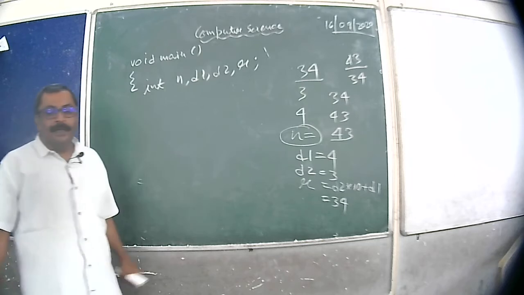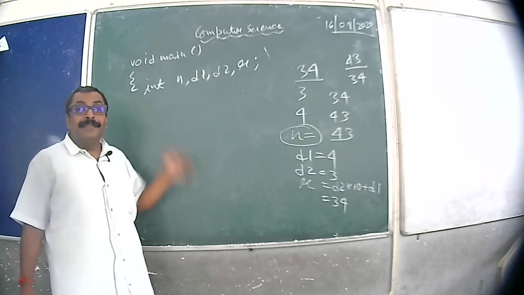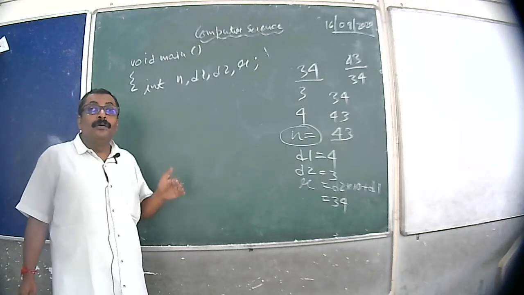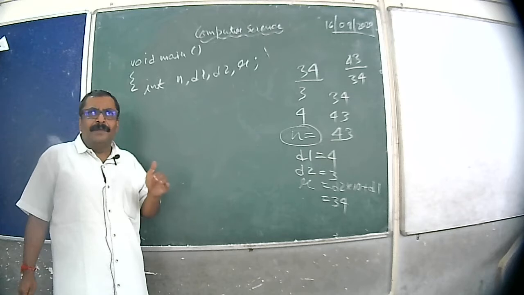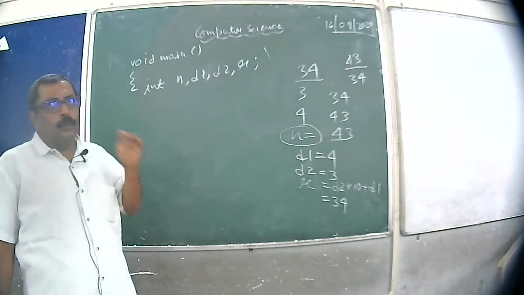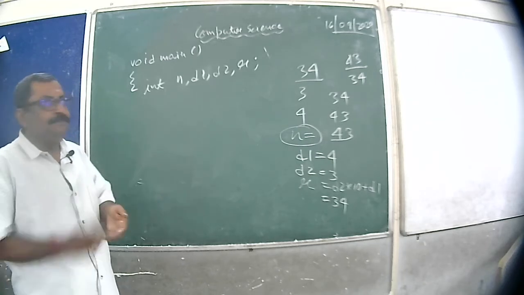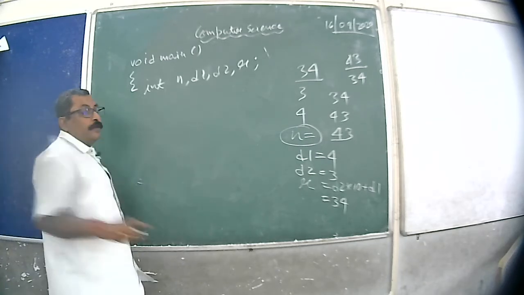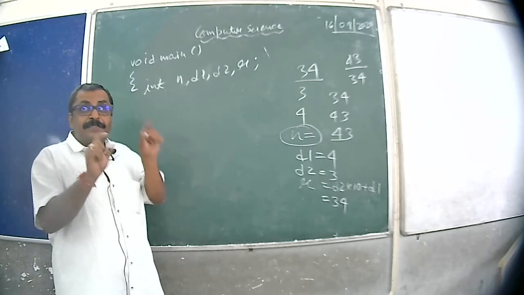Declaration part is over. Now, the question is whether we accept the number from the user or go for a fixed number. Because we have to become familiar with the scanf statement, assume that the user enters any 2-digit number. So, a second thing is required for accepting a number. This part is important.